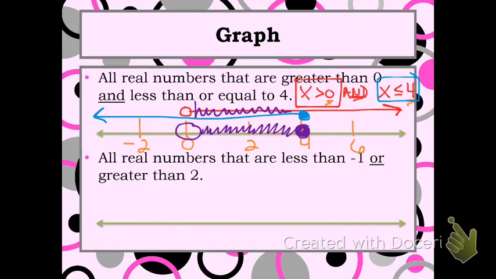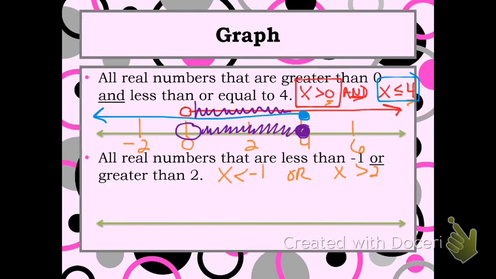For the next one, all real numbers that are less than -1, so x is less than -1, or greater than 2, so x is greater than 2. The word or doesn't mean both like and does. It means it could be one, it could be the other.